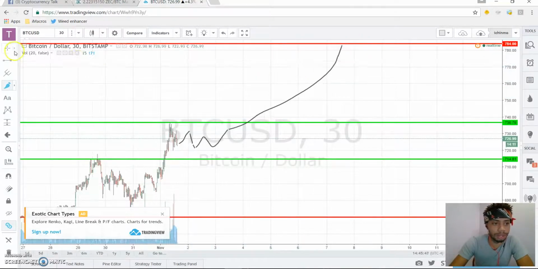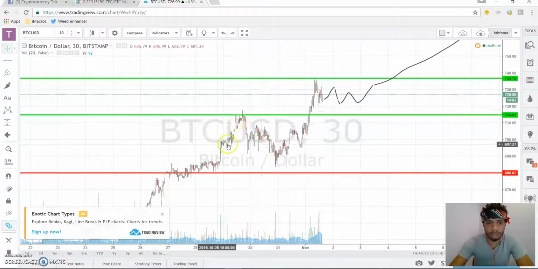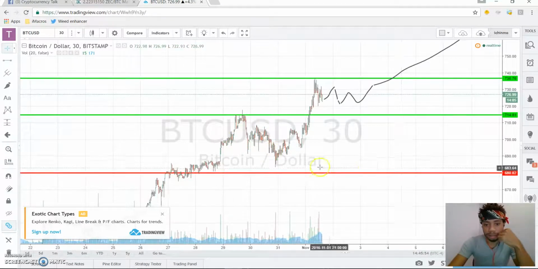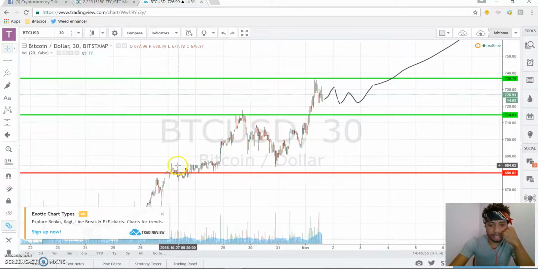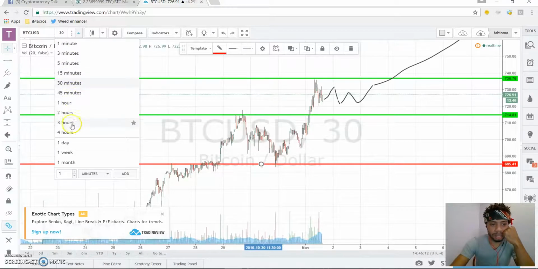I don't use TradingView that much, just to show y'all. I use Poloniex, but same thing here. See how this line, this high right here, or over here, or really, oh, this is where I drew. This was the wick. So really, this is where it was. I didn't put the wick on that one.